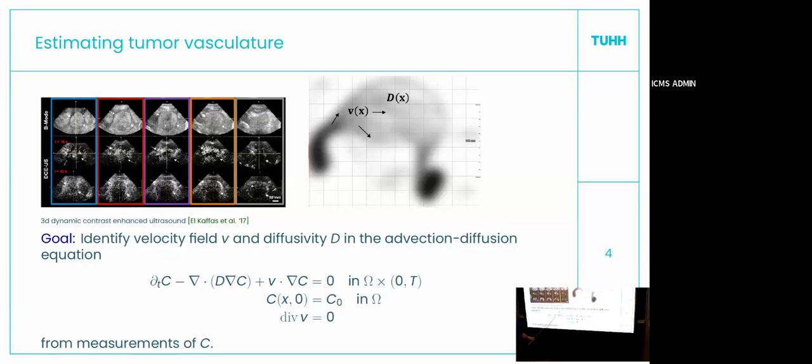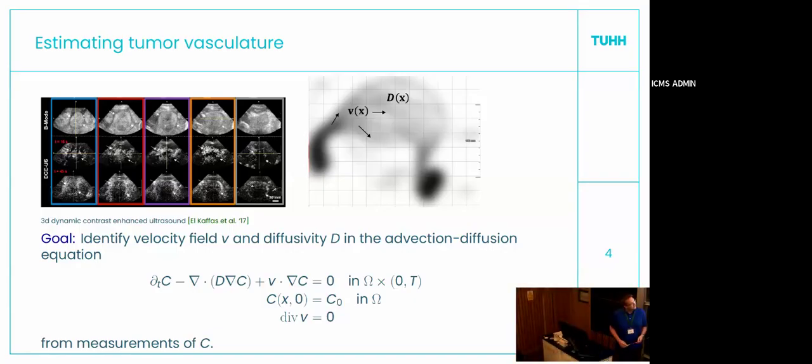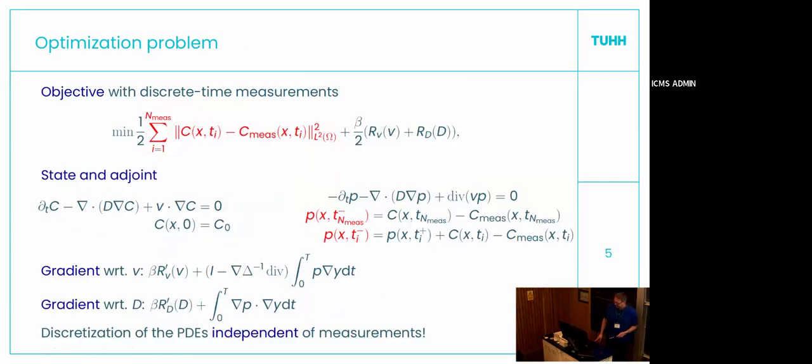So this is the most straightforward, most simple model. It has a lot of downsides, and we'll come to that. And then this is the contrast agent. And the goal is to determine the diffusivity as well as the blood flow velocity. So this is the inverse problem that we're looking at.